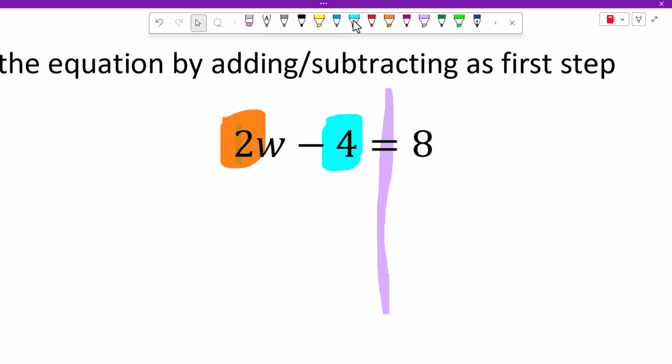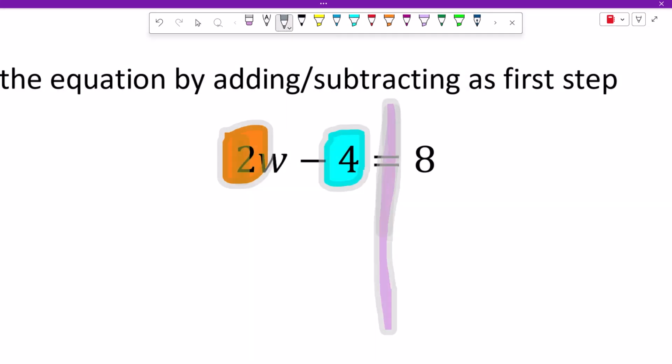So just like we did back before spring break, to get rid of a number, we just do the opposite. This one's subtracting, so the opposite of subtracting is adding. And so when we do this, remember you stack them like this, adding plus 4 like that, and we have plus 4 on the other side, right? Whatever you do to one side, you have to do to the other side, right? We do this because minus 4 and plus 4 make 0. So those go away.